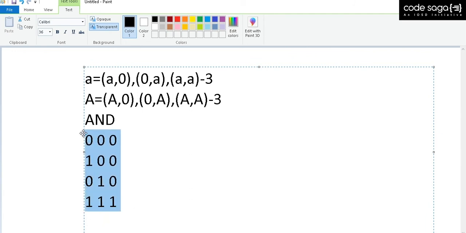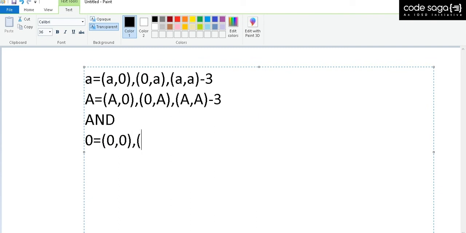So we'll start off by analyzing for each. We'll have 0 when we have 0 comma 0, and similarly whenever we have 0 in any position, we will always have 0, because even if one bit is 0, it will always end up in 0.